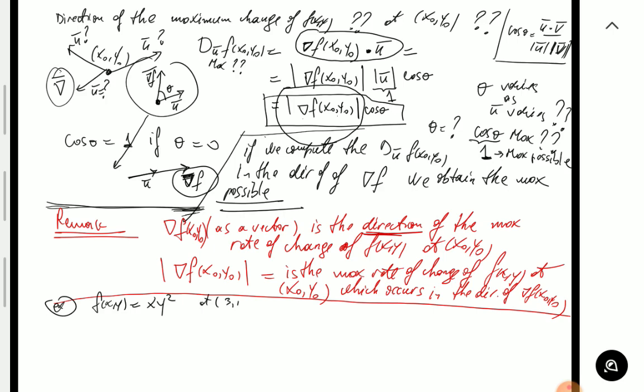At the point 3, 1, let's say we want to find the direction of the maximum rate of change and the actual rate of change.